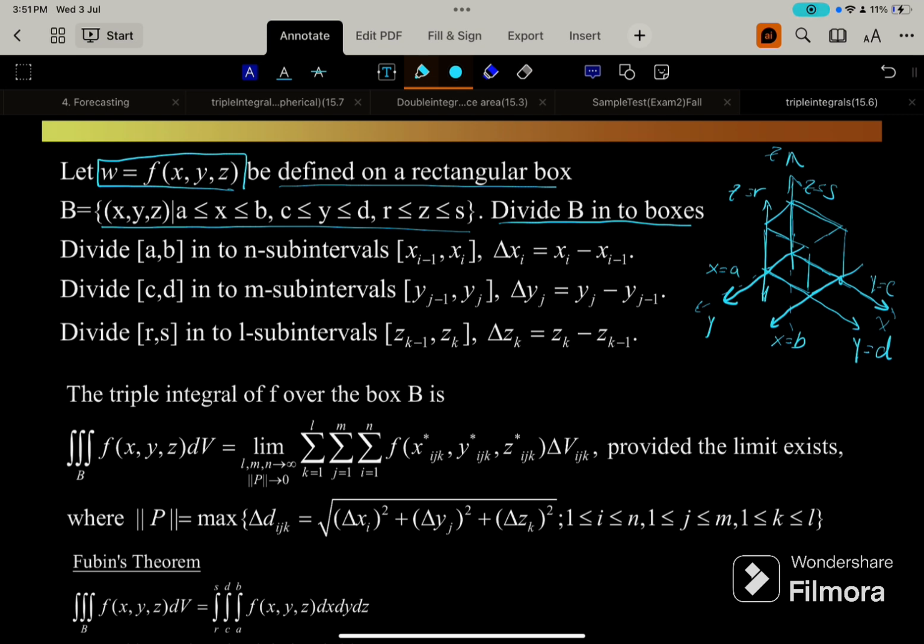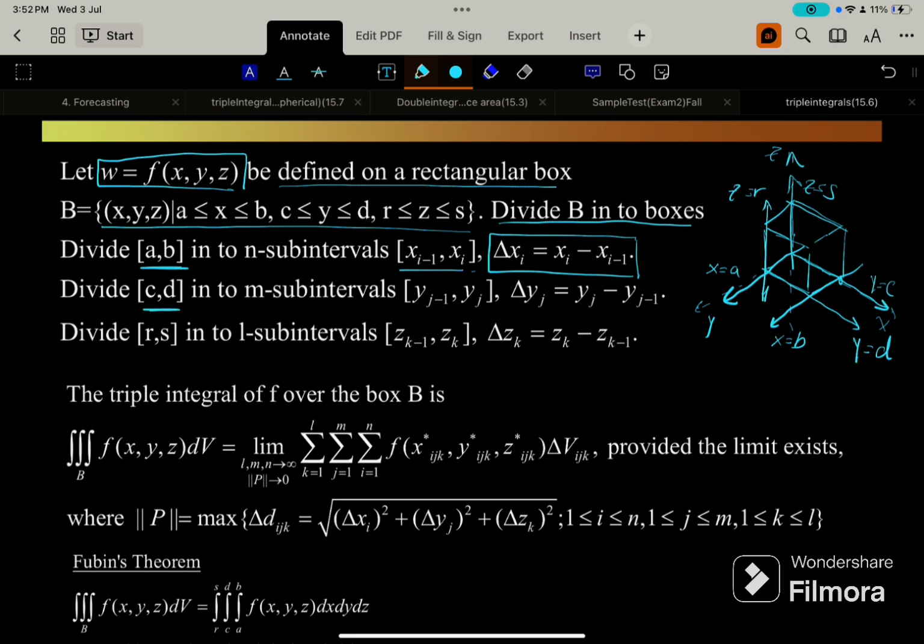Now, if you want to divide this box B into even smaller boxes, we're going to divide the interval a, b into n subintervals, ranging from xi minus 1 to xi, so delta xi equals xi minus xi minus 1.